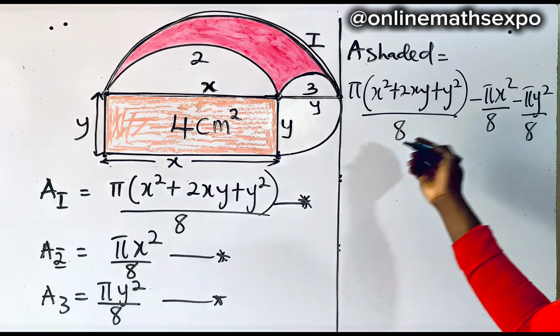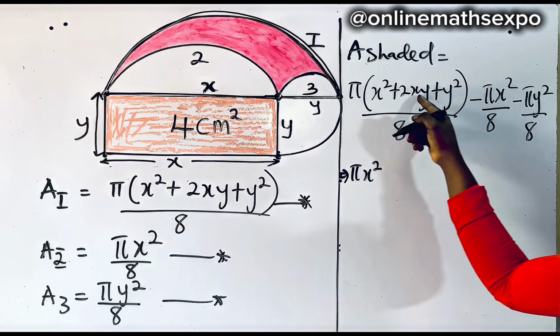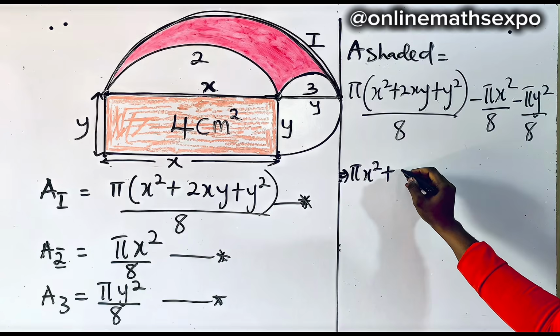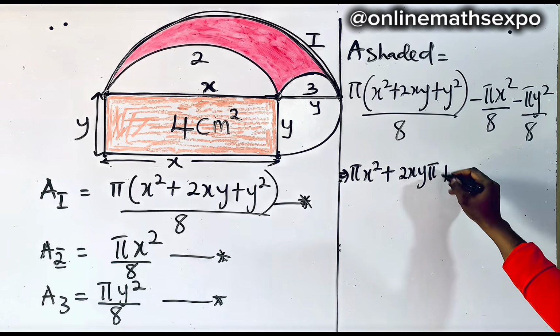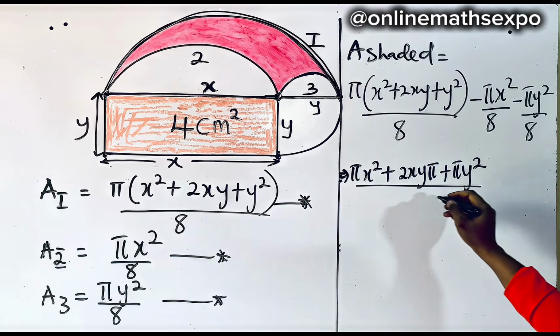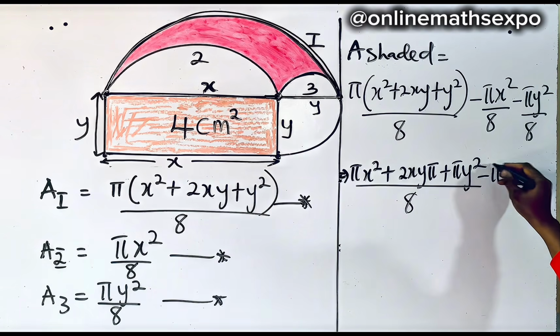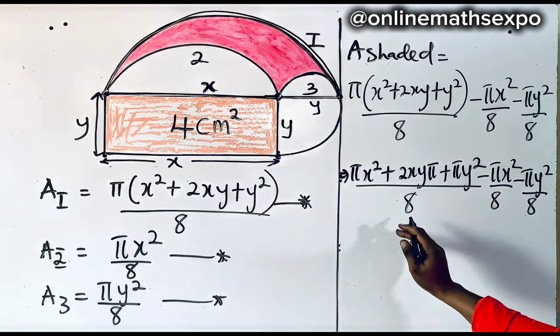If you distribute this gives us πx², this will give us plus 2xyπ. This will give us πy² divided by 8. Then minus πx² divided by 8 minus πy² divided by 8. Denominators are the same.